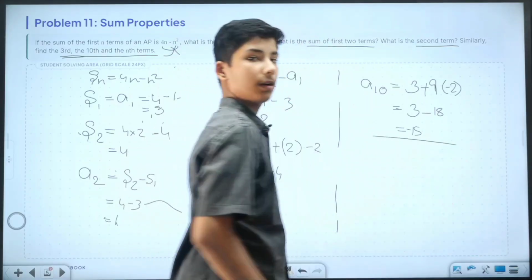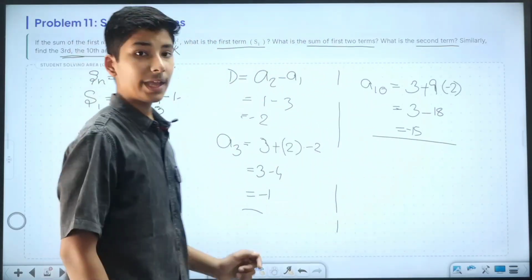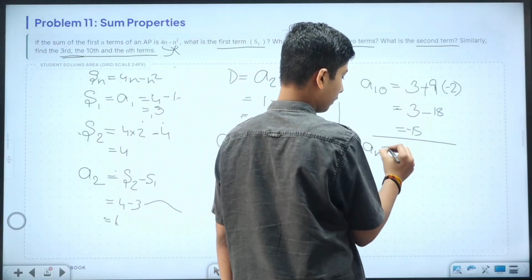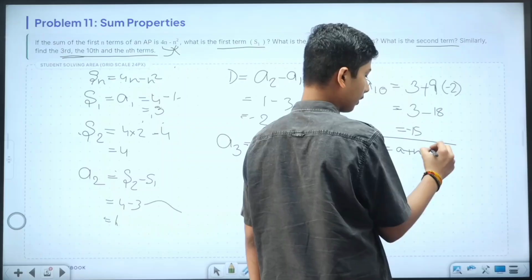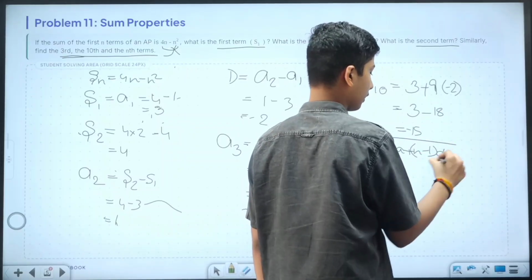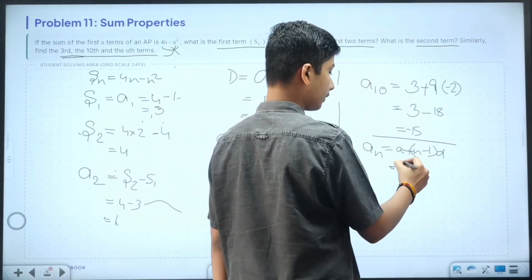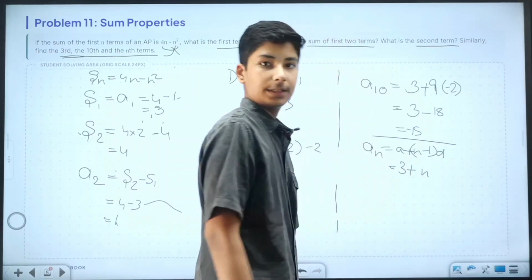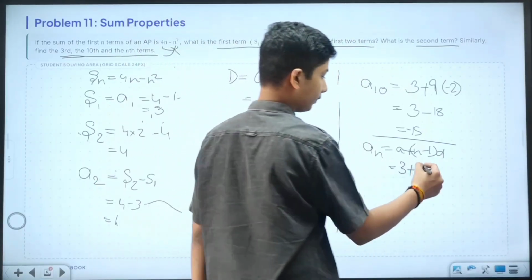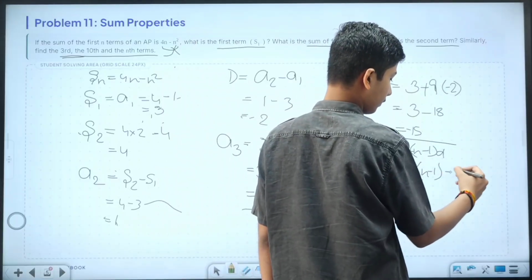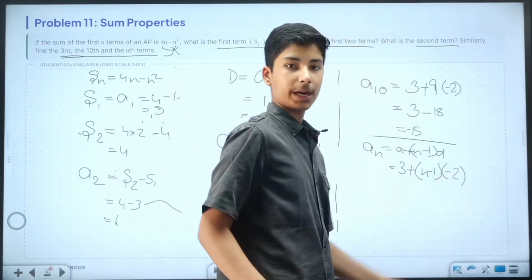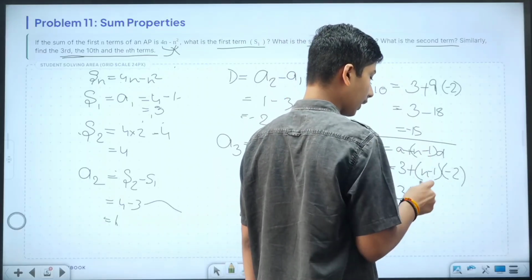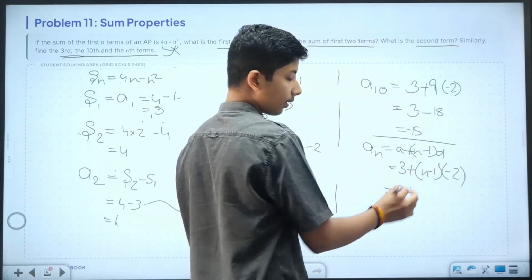Now at last, what is left? We have to find out the nth term. So an equals a plus n minus 1 into d. A is 3, plus n minus 1 in brackets, into d. D is minus 2. 3 minus, why minus?